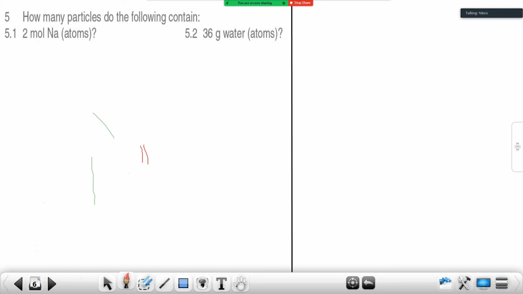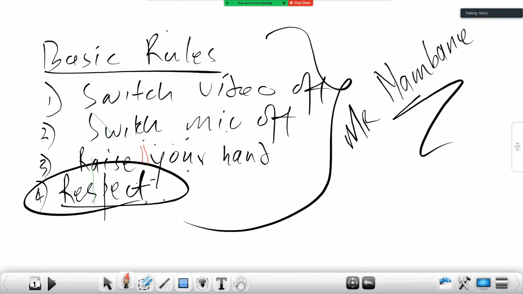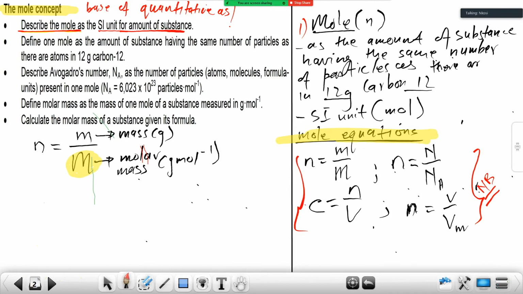It says particles. I want us to go to the first slide here. When you check the first slide, it says describe the Avogadro number as the number of particles, atoms, molecules, or formula units present in 1 mole.